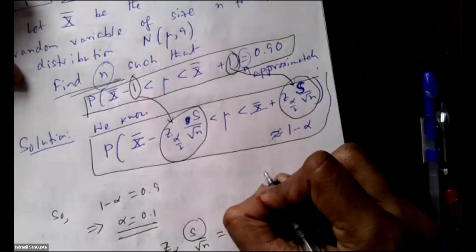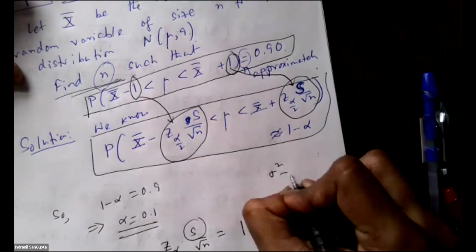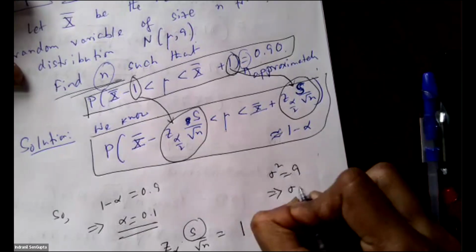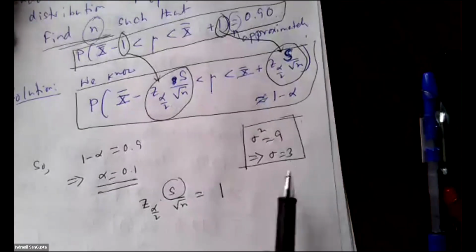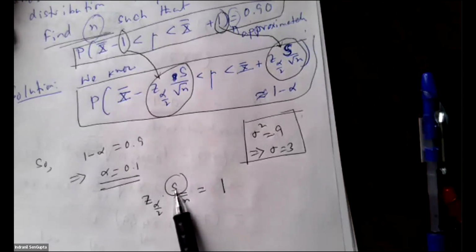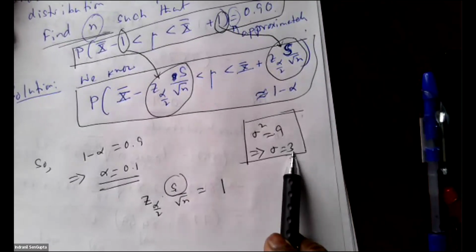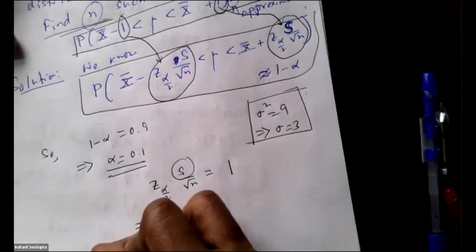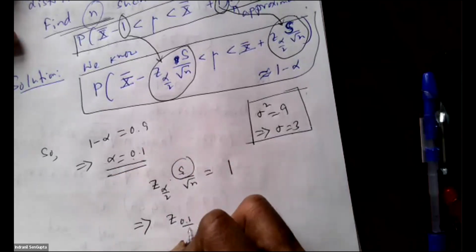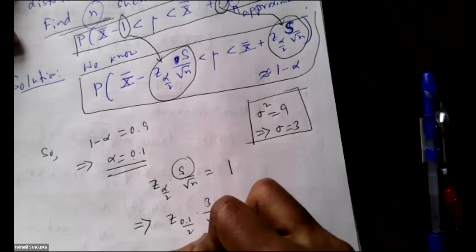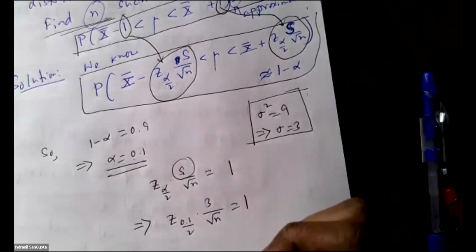So sigma squared is 9, so sigma is 3. So I can very well use this 3 right here. So I want z of 0.1 over 2, times 3 over square root of n, equals 1.